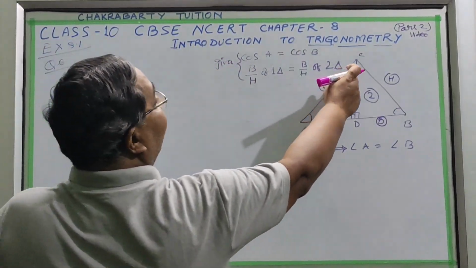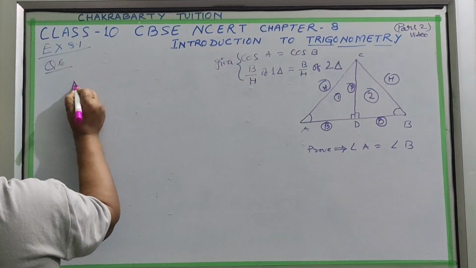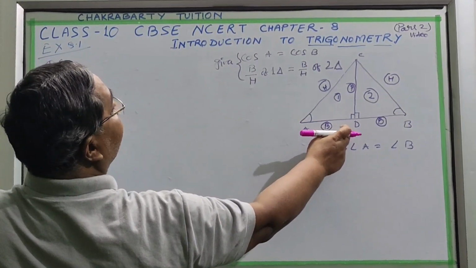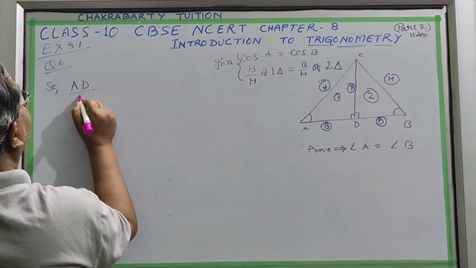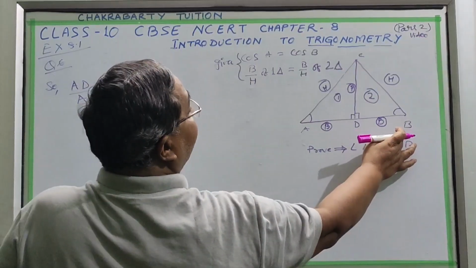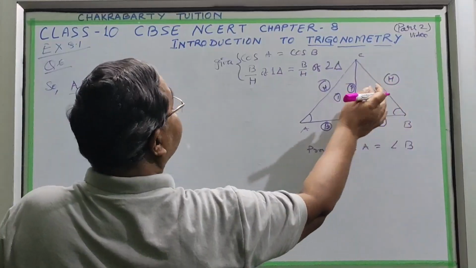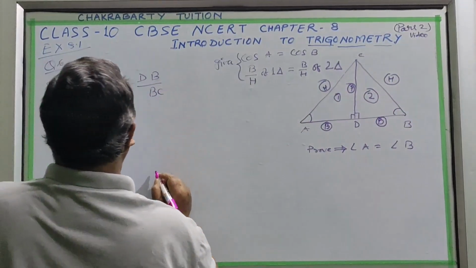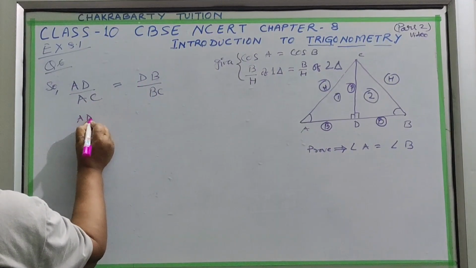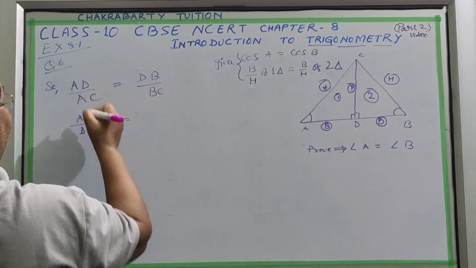So now we will start. B means AD. So AD upon AC is equal to DB upon BC. By transposing we can write AD upon DB, and we take all the C's to one side and D's to one side.